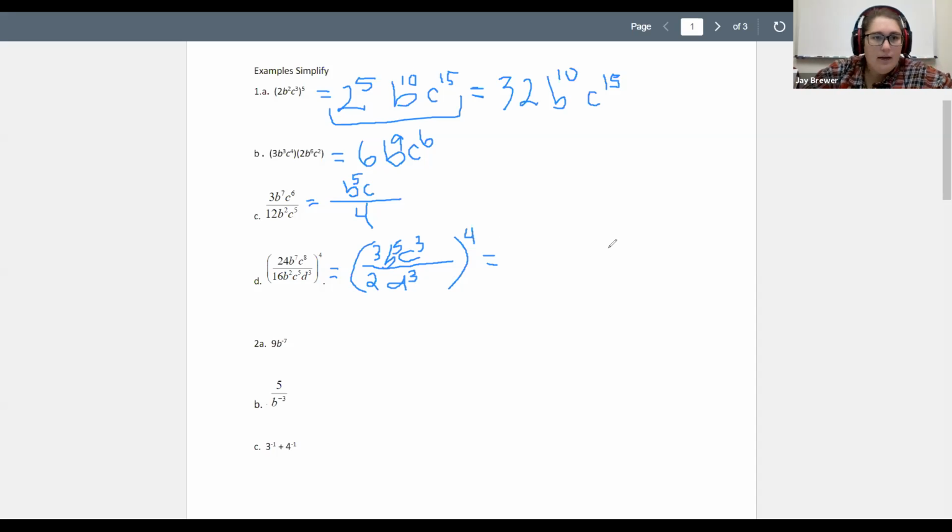Okay. Now we are going to take our 4th that is outside, and what are we going to do to it? Multiply it by everything 4 times. Yeah, we're going to multiply it to the exponent in each spot. I'll just write as small as I can. So 5 times 4 will give us b to the 20th. 3 times 4 will give us c to the 12th.